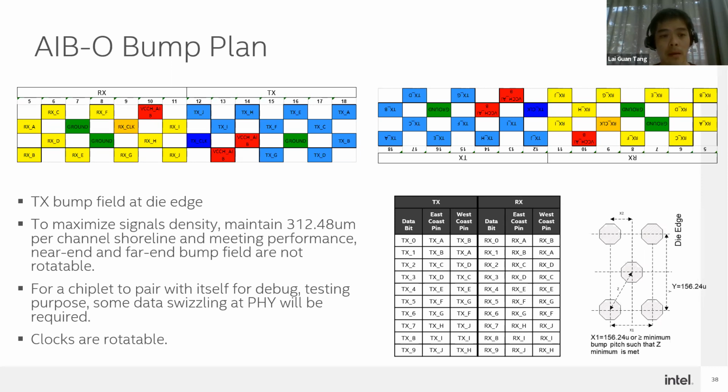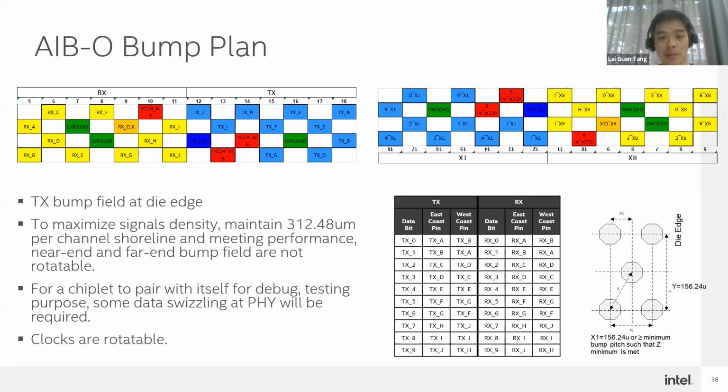And so for a chiplet to pair with itself, let's say for debug or testing purposes, some data swizzling at the PHY will be required. And the clocks we make rotatable because the clocks are not something that can easily be swizzled. The table on the right shows how you map the different data bits to different pins at the East Coast and West Coast shoreline.